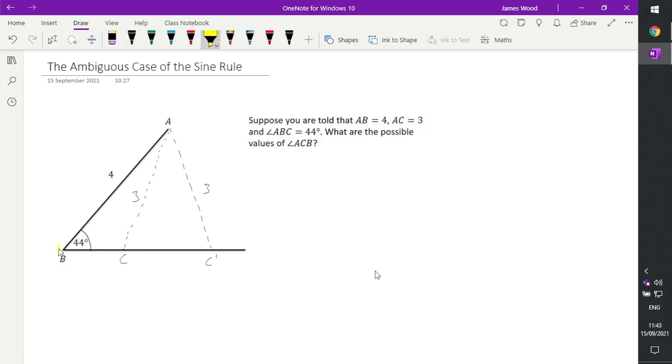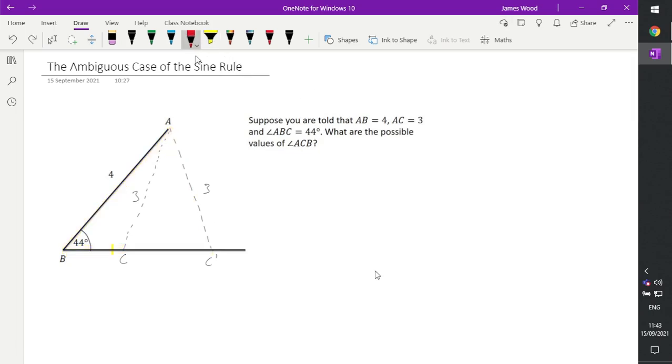So you can either have this triangle here, or we can have this big triangle here. And they both obey all of the facts that you were given. So this is why it's called an ambiguous case of the sine rule. It's ambiguous as to exactly which triangle we're looking at.